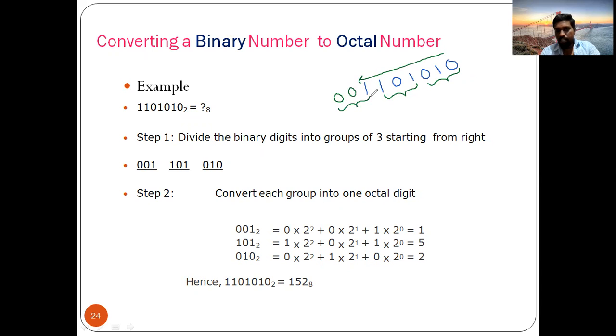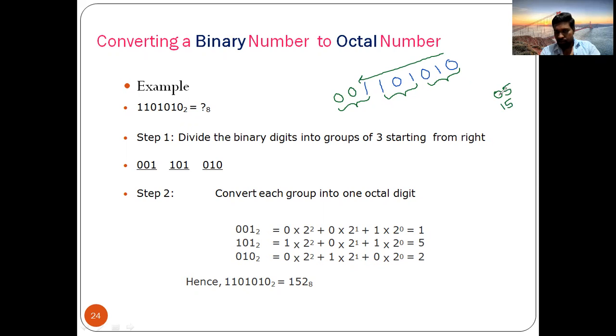Why are we adding only zeros? If you add zeros, the value will not be changed. Like how you can write 5 as 05 also. A normal number 5 can be written as 05, but if you keep 1 here, it will be changed to 15. Okay, clear?